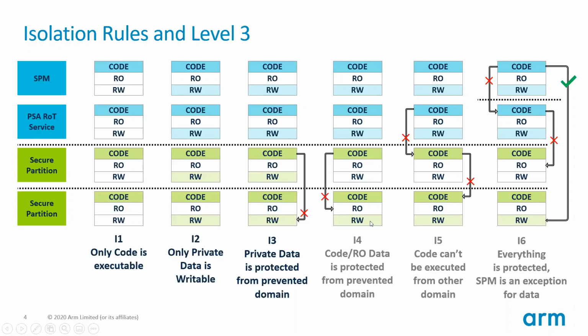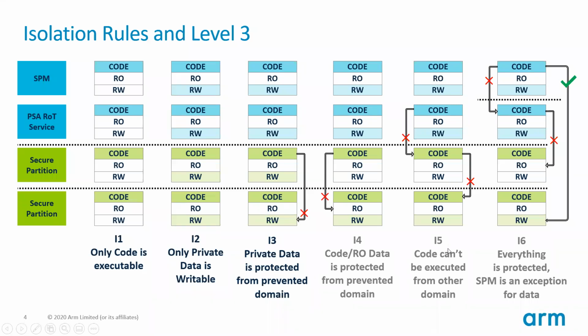That's what rule I3 means, and I4 becomes stricter. The code and read-only data of a partition are protected from other secure partitions. But since the secure partition does not need protection from the PSA domain, PSA domain components like the SPM or other PSA services could still access the read-only data and code of a secure partition.